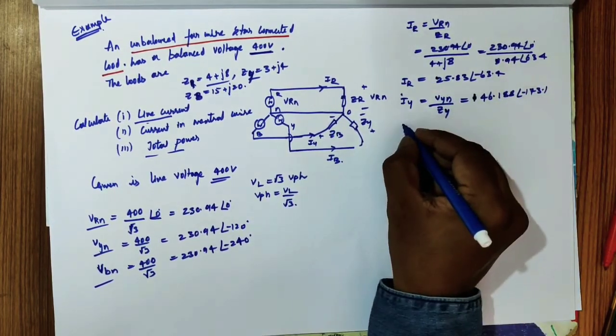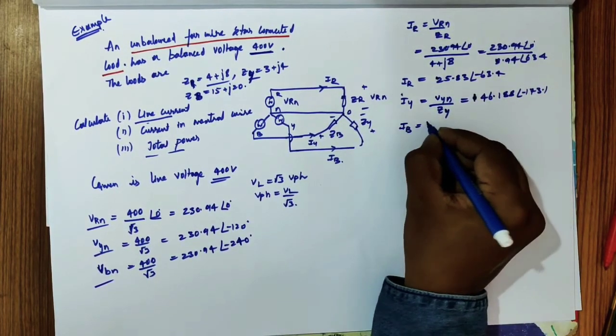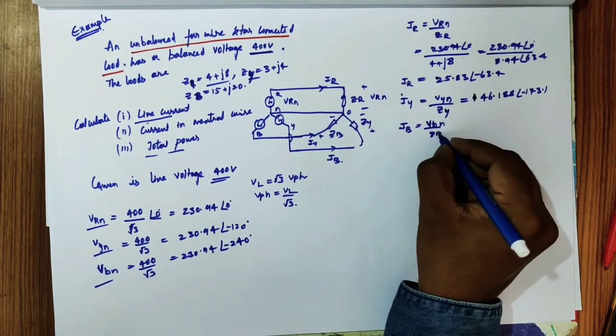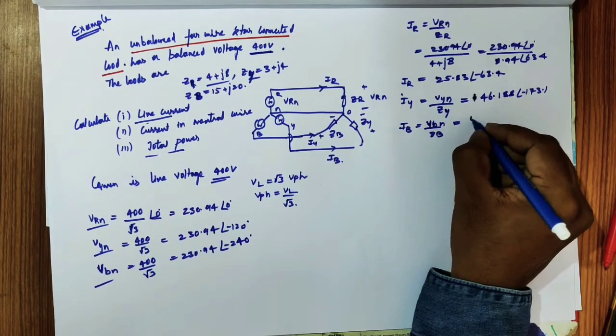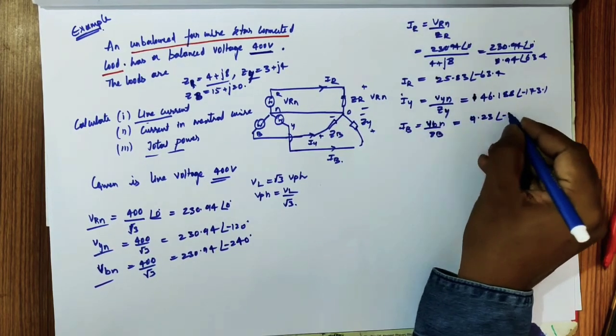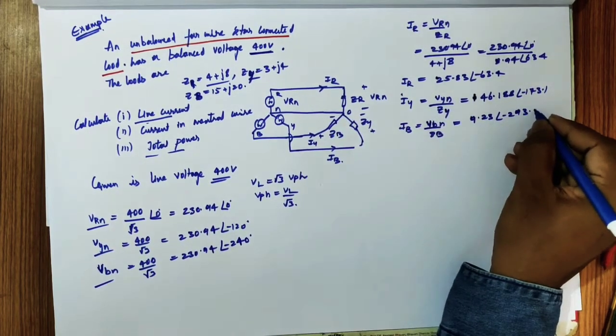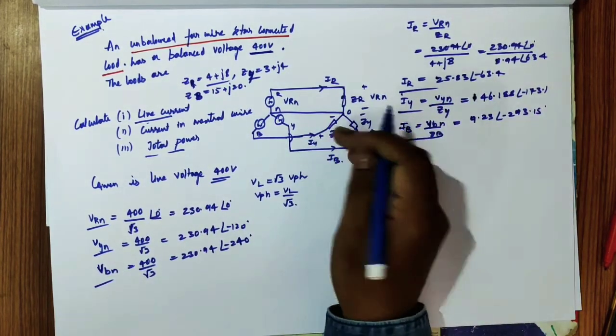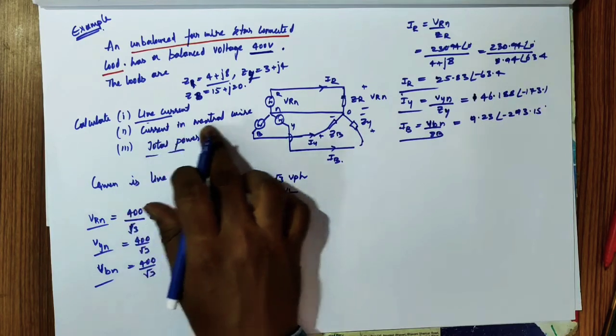So you have to solve all these things, and IB equal to VBN by ZB, which will be a value of 9.23 at an angle of minus 293.15. Okay, these are the line currents you obtained. Now he's asking to find the current in the neutral wire.